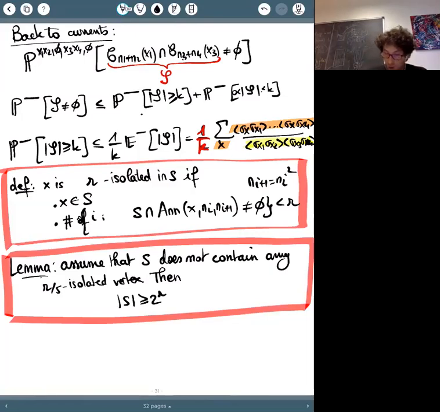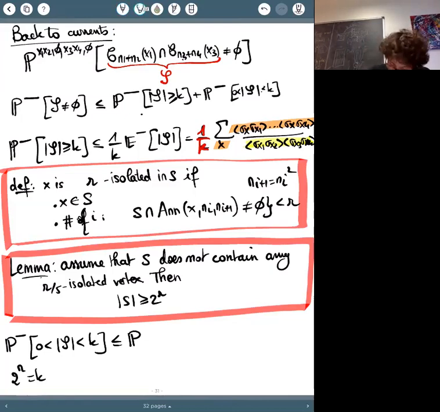Okay, so in order to bound the other term, what we are going to do is we are going to say, okay, if we set 2 to the R equal K, then we need that there exists X in S which is R over 5 isolated.